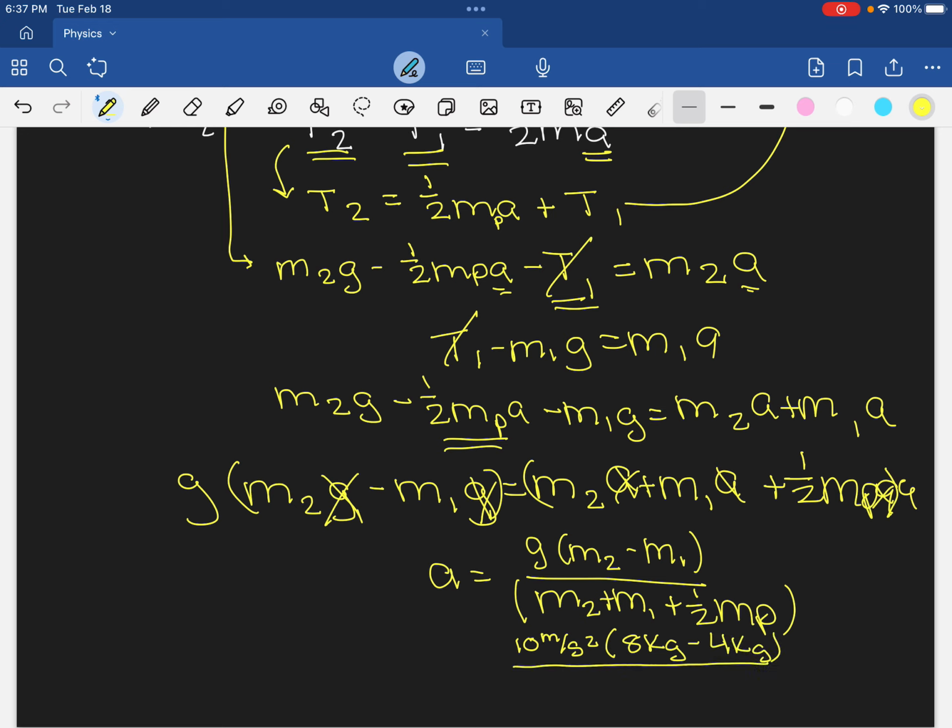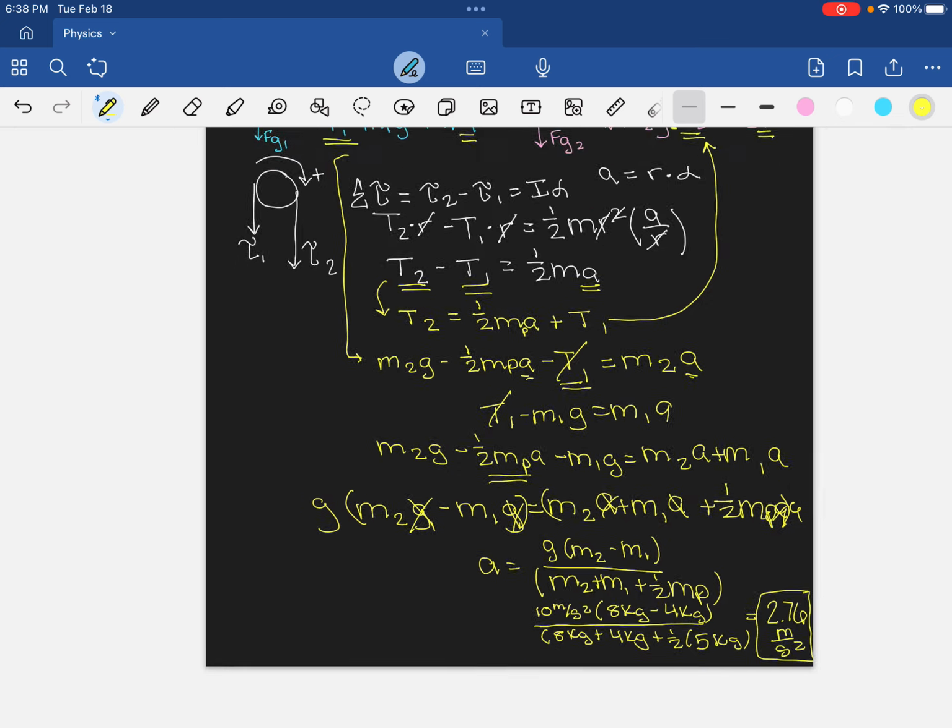And then we're going to divide that by 8 kilograms plus 4 kilograms plus 1/2 times the mass of my pulley, which was 5 kilograms. We end up getting my acceleration when I plug this in to be 2.76 meters per second squared. So this is my acceleration of the system.